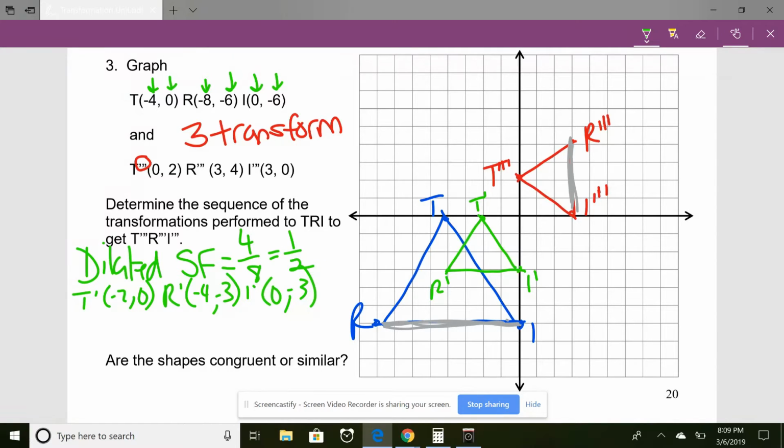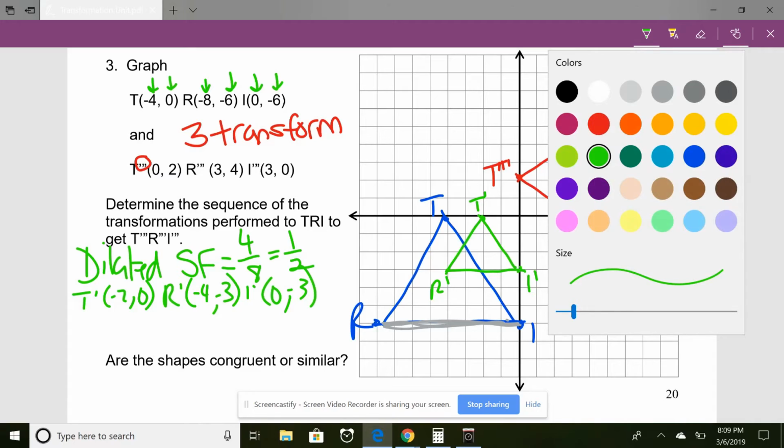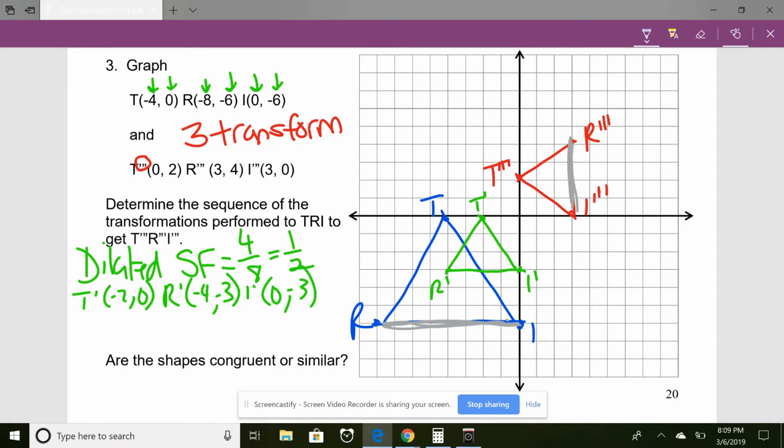Then I take a look at the order. All right, so in this one, the T starts off on top, and our next figure, the T triple prime, is on the left.